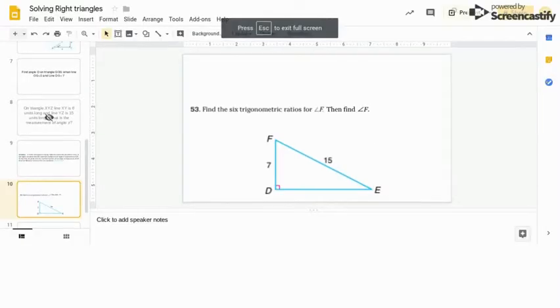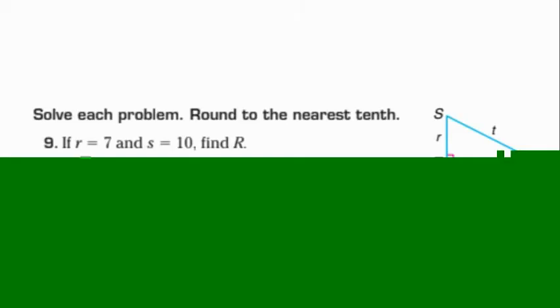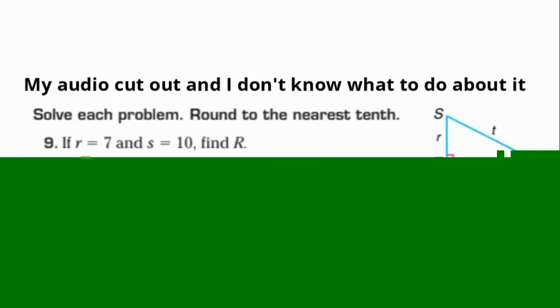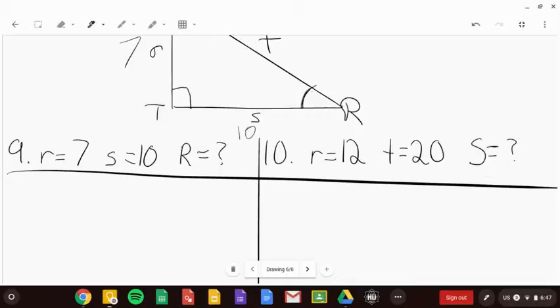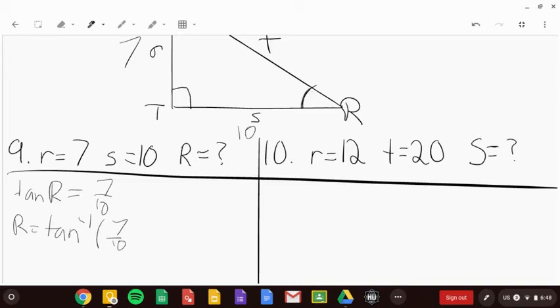So now, next up, that obviously means we're going to use tangent. So tangent of r equals 7 over 10, and we'll use the inverse of that. So r equals tangent inverse of 7 over 10.